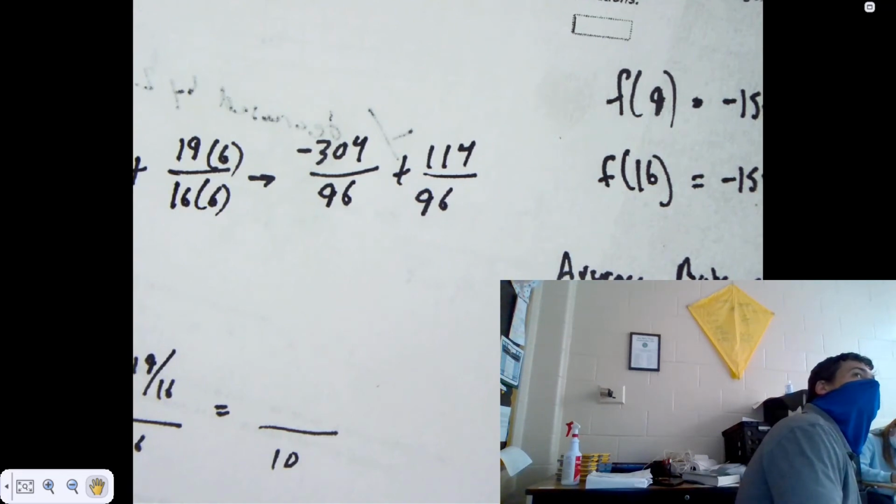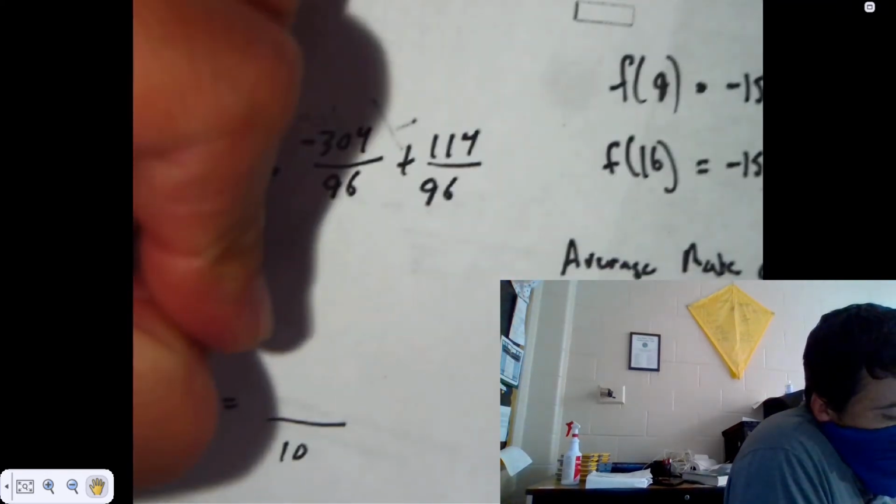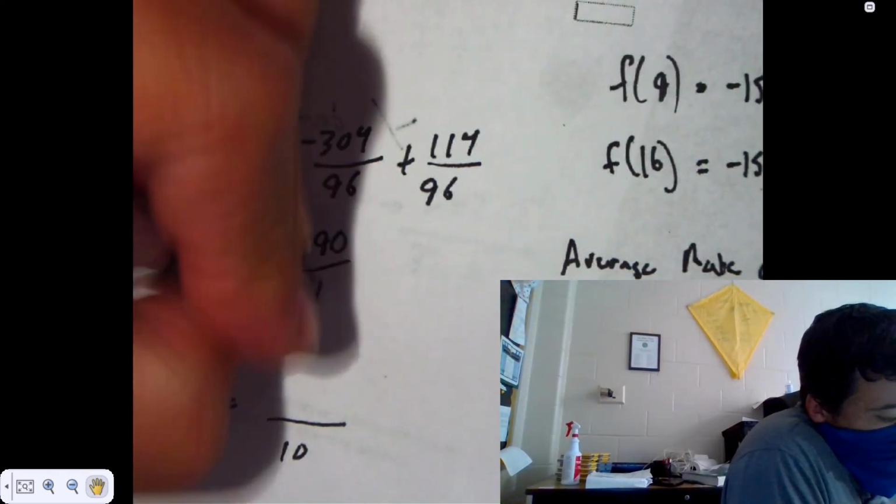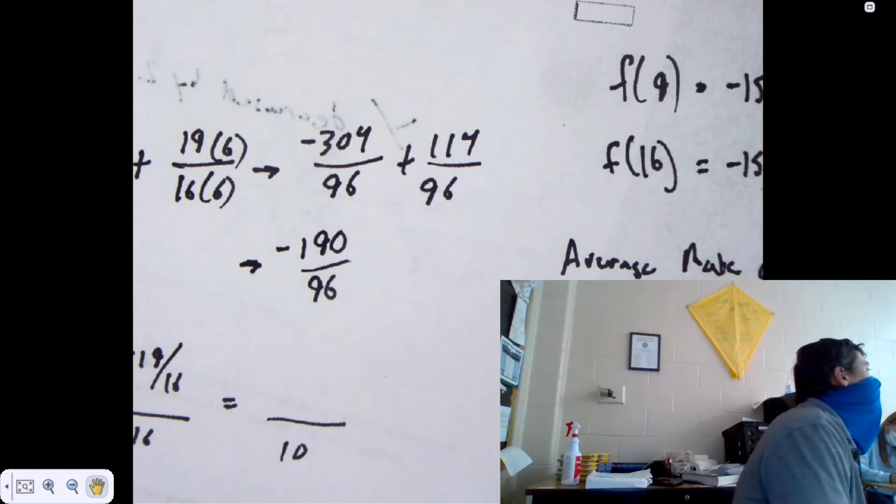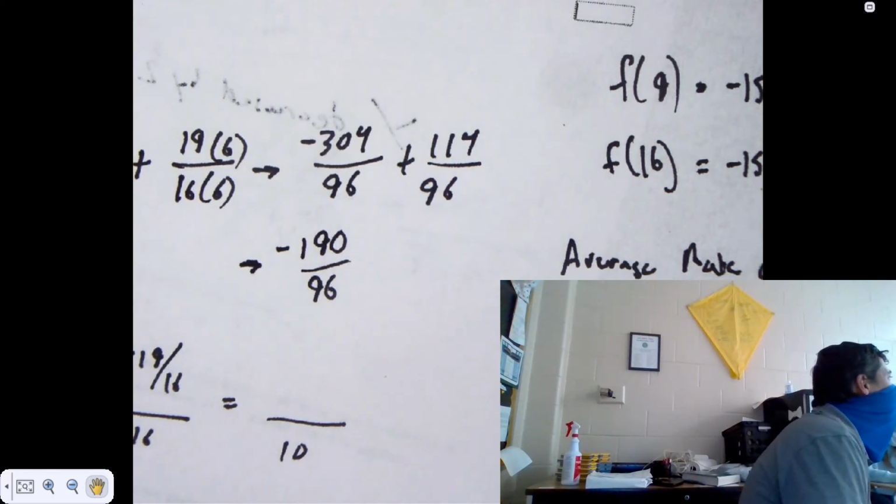Now, negative 304 and 114 aren't that hard to add. If you add 100, you're at negative 204. If you add another 4, you're at negative 200. Add another 10, you're at negative 190. Just math.